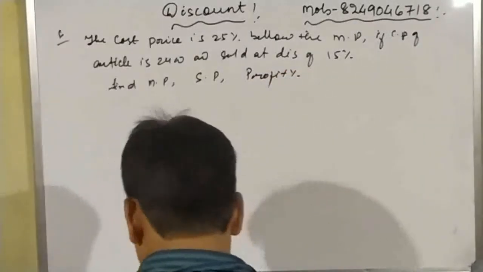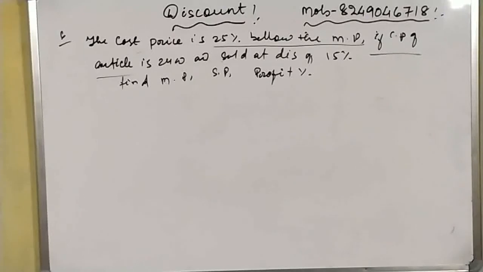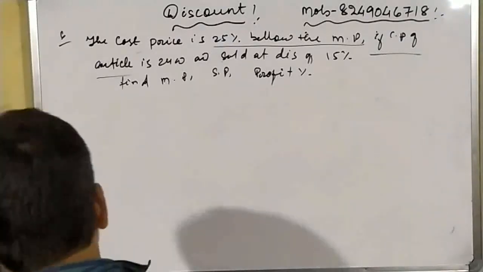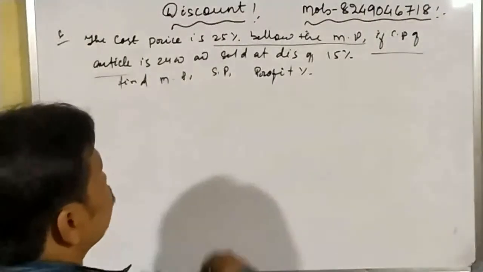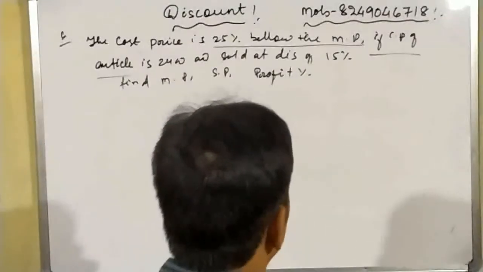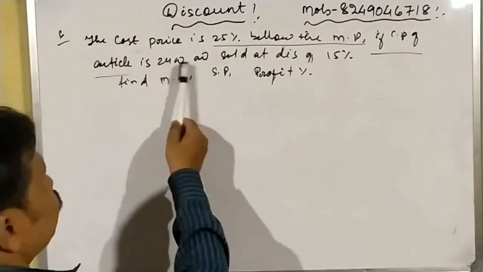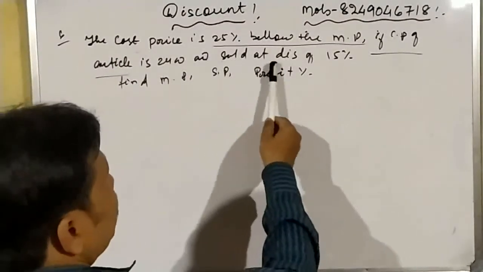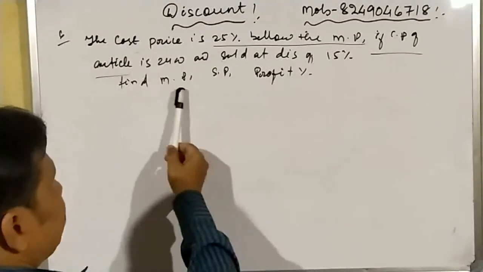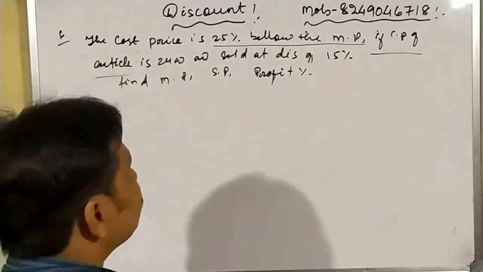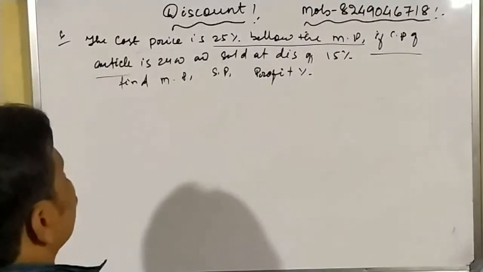Okay, student. So here, the next question says that the cost price is 25% below the mark price. If the cost price of an article is 2400 and it is sold at a discount of 15%, find the mark price, selling price, and the profit percentage. Here, what is given?